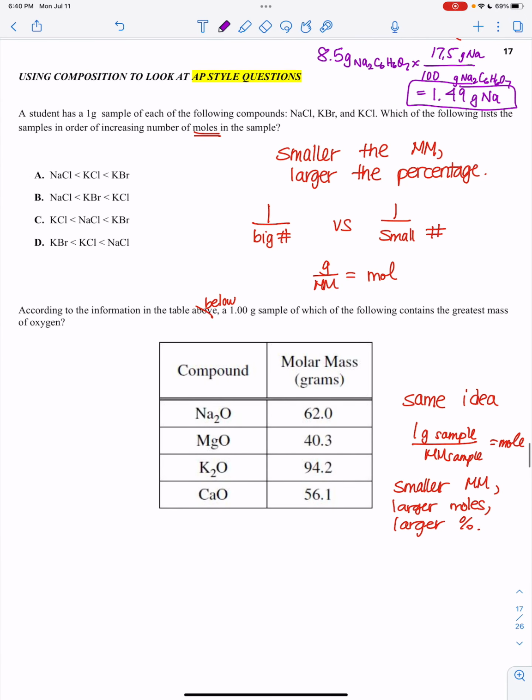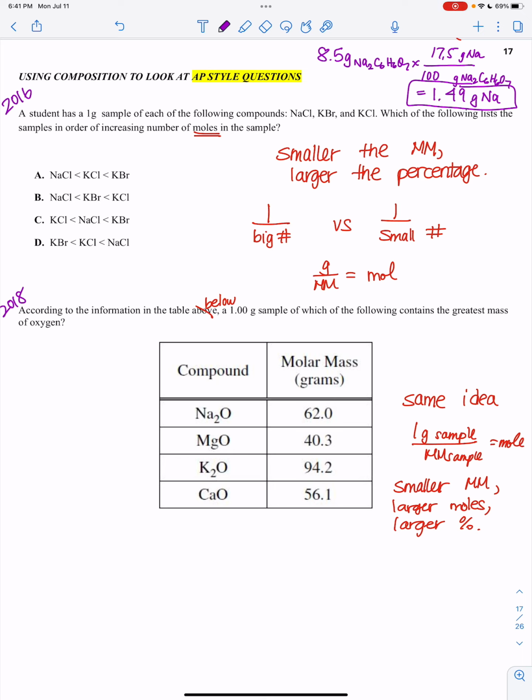And then finally, this is not required, but this is good AP style questions here. And I want you to think about it. It says a student has a 1 gram sample of each of the following compounds. This is from an actual AP exam. I believe this is the 2016 AP exam, and this one's the 2018 AP exam for AP chemistry.